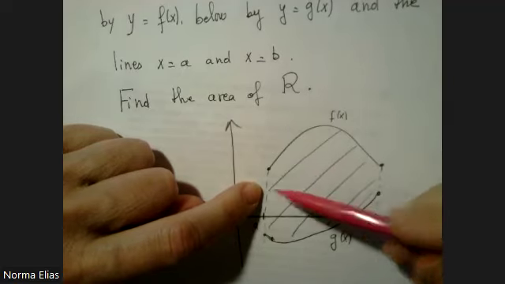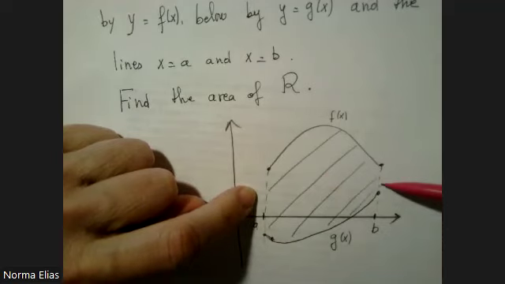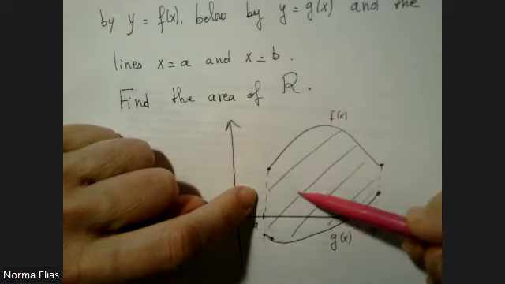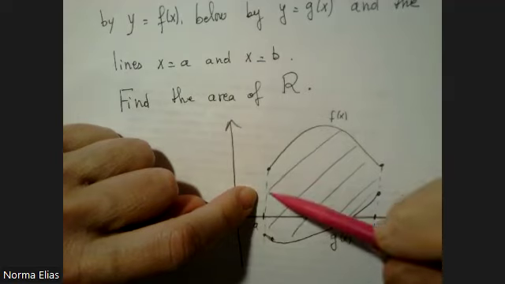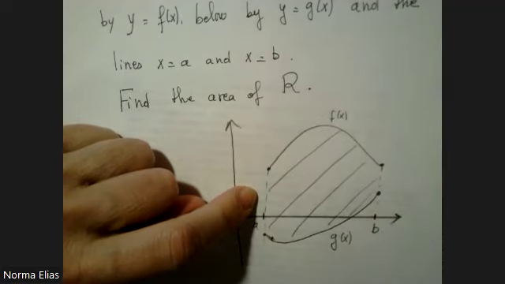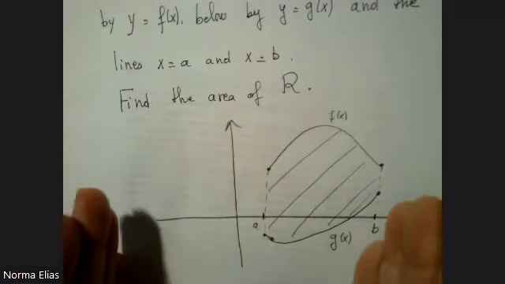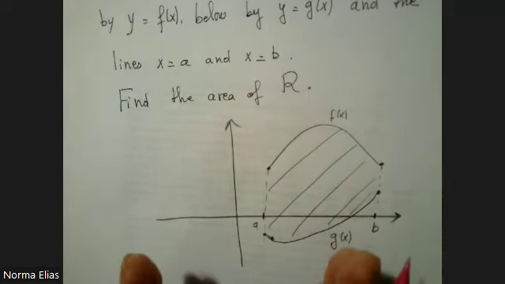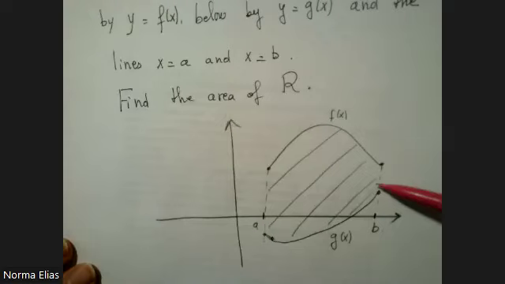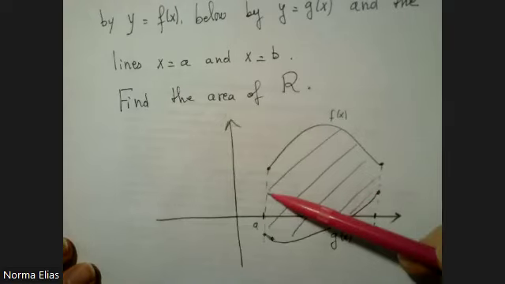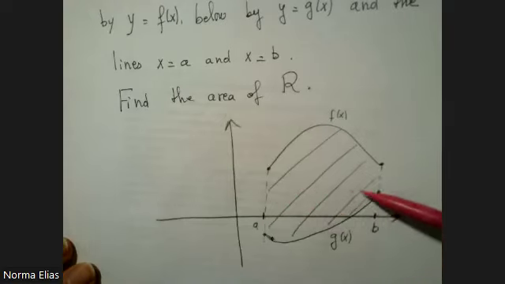So the idea is that I'm going to take this region and fill it up with tiny rectangles, find the area of each rectangle and add them. That will be the way we will do a lot of our problems in this chapter. We take something, approximate it with what we know, evaluate what we know, and then add them up. So I'm going to cover this region by tiny rectangles, evaluate the area of every one of them, add them, and then we come up with the formula that we need.